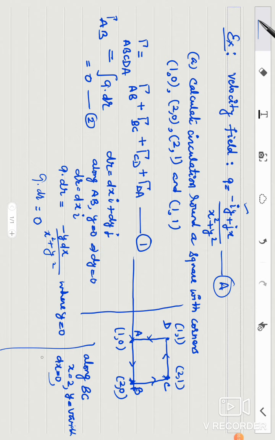So dr will be j dy, because dx is 0. If I calculate q dot dr, I will consider only the j portion, so it will be x dy upon x square plus y square. Now I can put x equal to 2 here and I get 2 dy upon 4 plus y square.